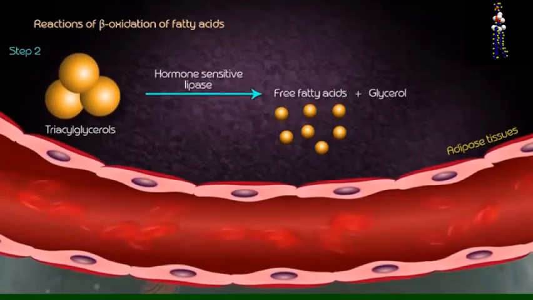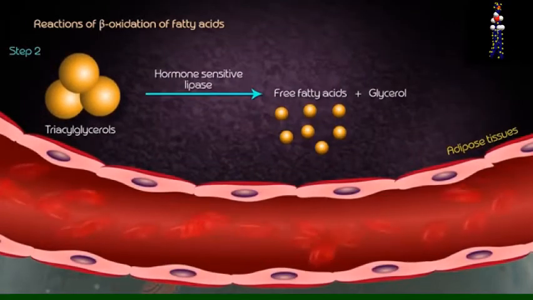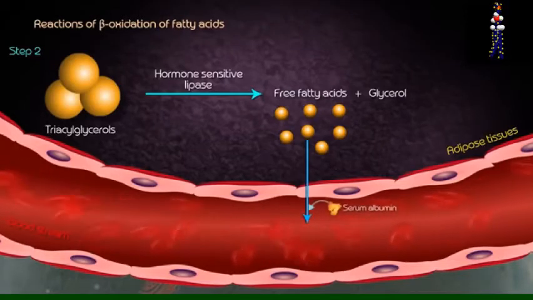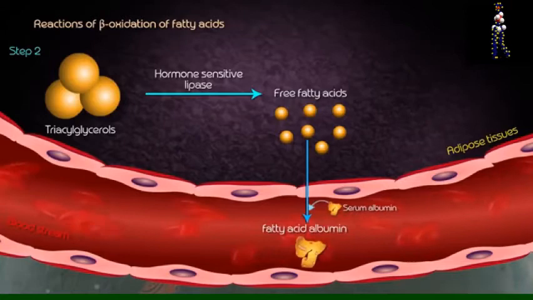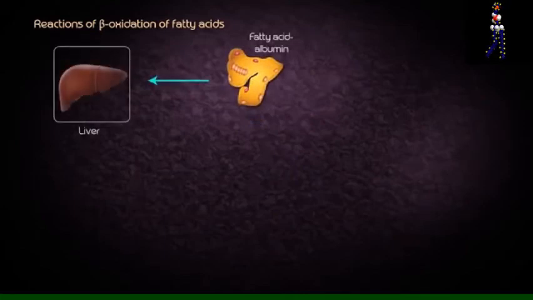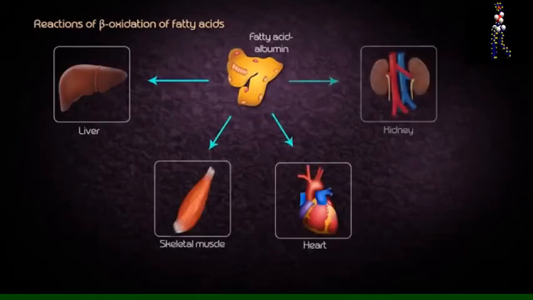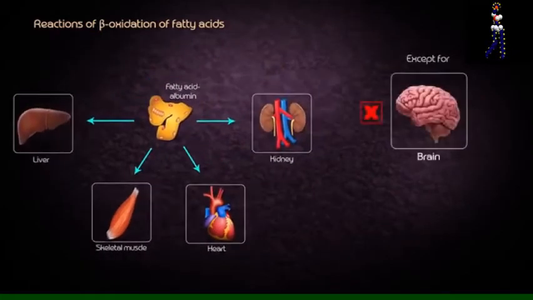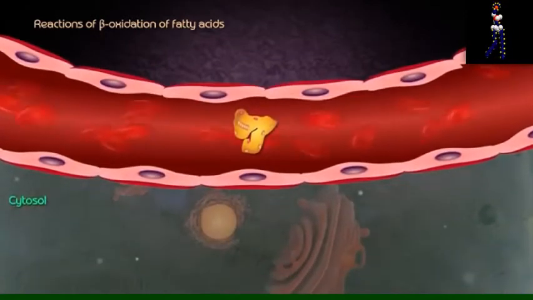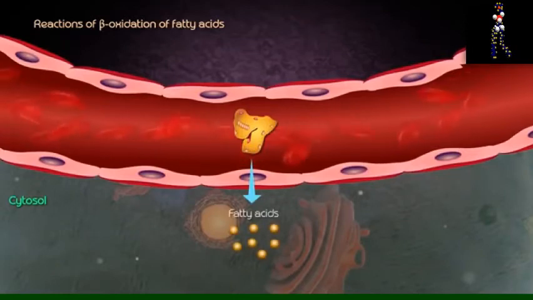While the free fatty acids move into the bloodstream and attach with albumin. This protein helps them go inside the cells, basically in the liver and skeletal muscles, and not in the brain cells.